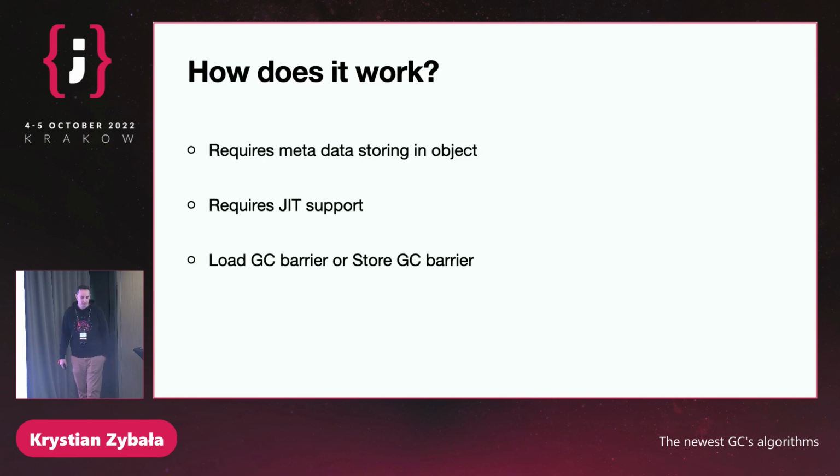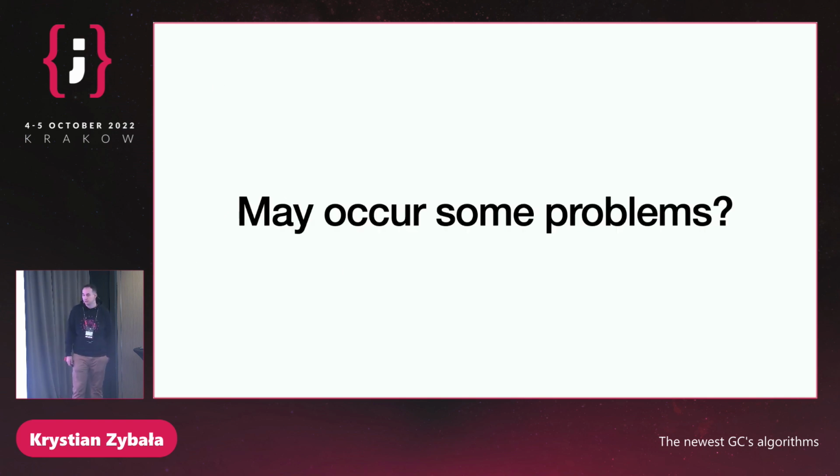This algorithm requires additional metadata stored in the object. Of course, from the JIT perspective, we have to inject some additional barriers. So yes, JIT is very crucial in this scenario. Okay, everything is okay. Some additional techniques are applied on objects and so on, but some problems may occur, of course.